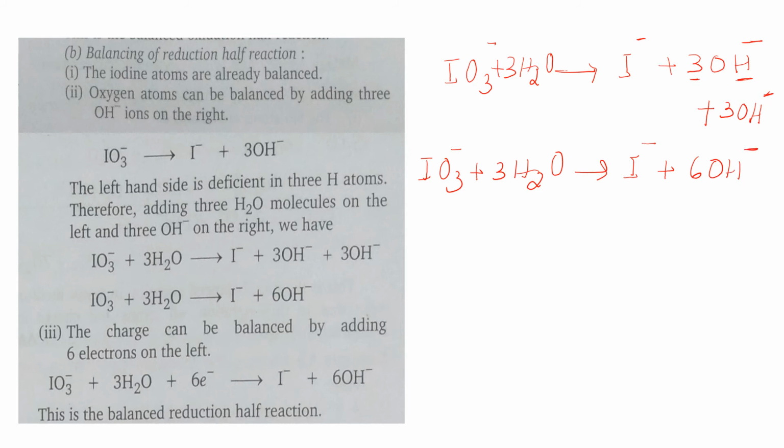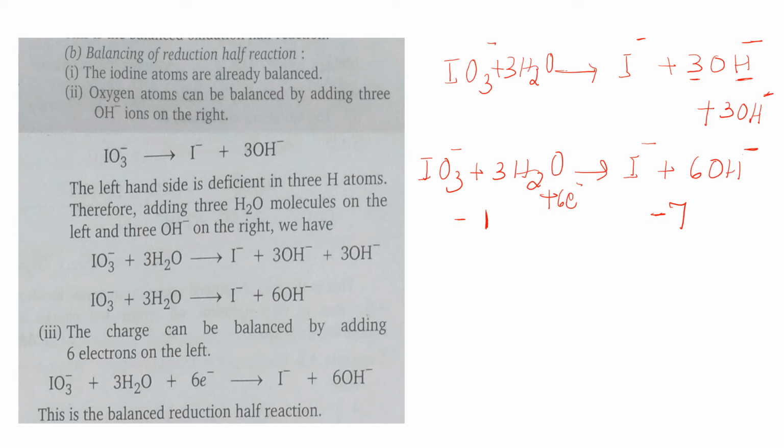Now I have to balance the charge. In the left hand side I have only 1 minus charge, and in the right hand side I have 1 minus charge and 6 minus charge, so it is a total of 7 minus charge. So to equalize that, I have to add 6 electrons in the left hand side.